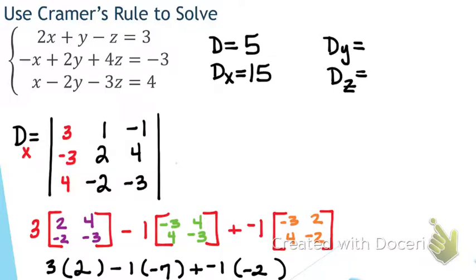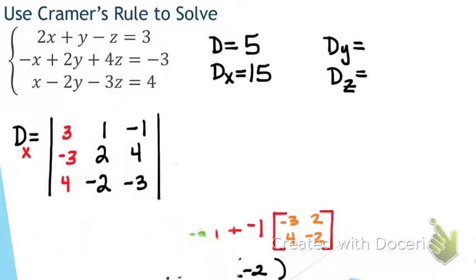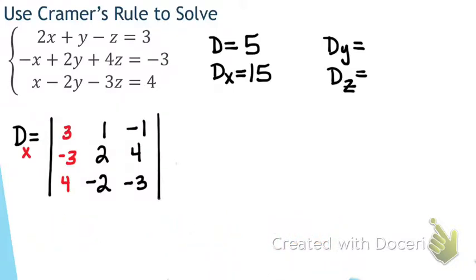So now let's make our 3 by 3 for d sub y. So when I'm doing my d sub y matrix, I'm going to put back in my x coefficients.